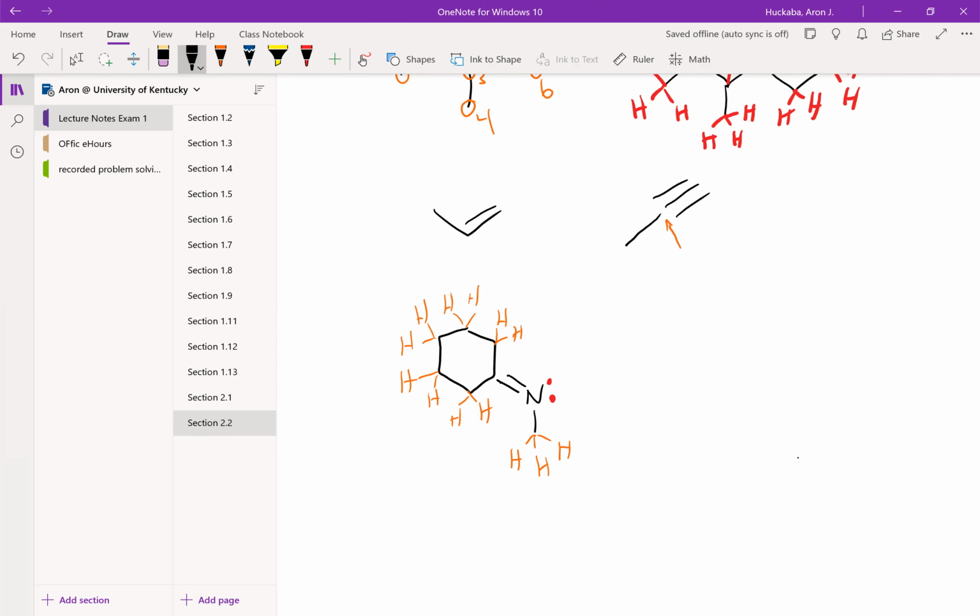And we'll do some quick practice in determining a molecular formula from a bond line structure. So if I was to give you this molecule, that's a bond line structure that corresponds to a formula of C3H8O.